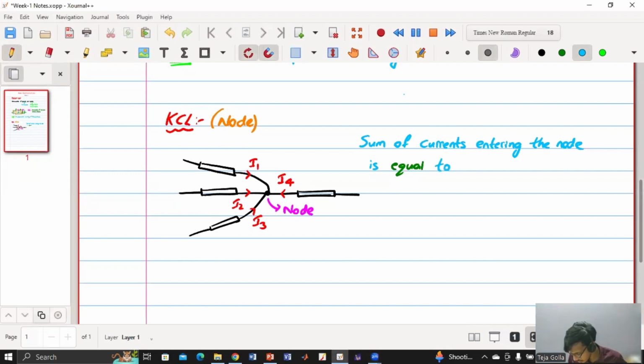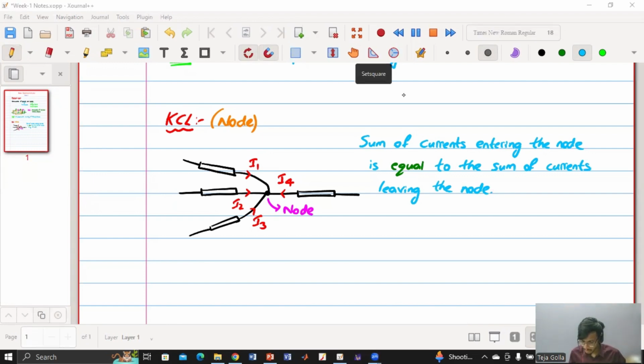Is equal to the sum of currents leaving the node. So here I have considered four currents which are entering. So the summation of the currents entering is equal to the summation of the currents leaving. What is the summation of the currents leaving the node?